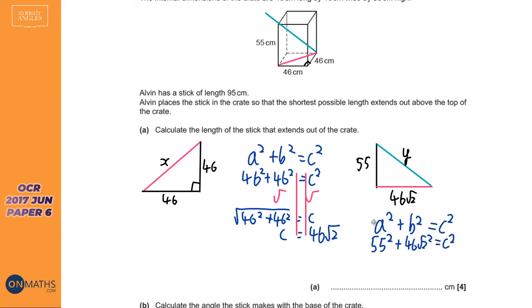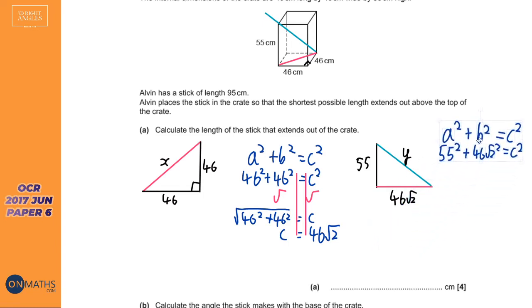And I'm probably just going to move this because I'm going to run out of space. Move that up there. Square root both sides. So it's going to be the square root of 55 squared plus 46 root 2 squared equals c.